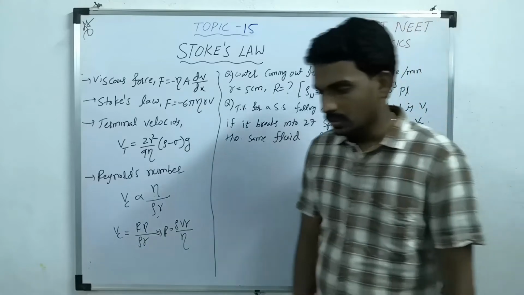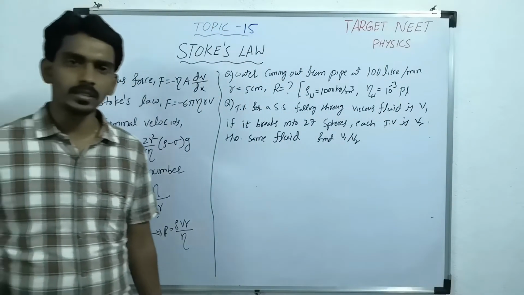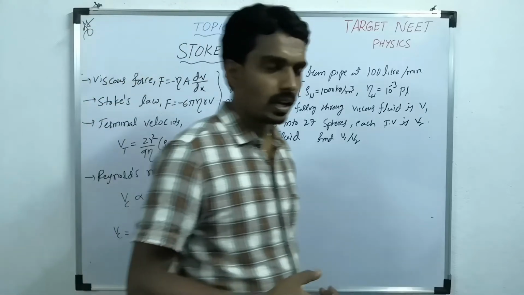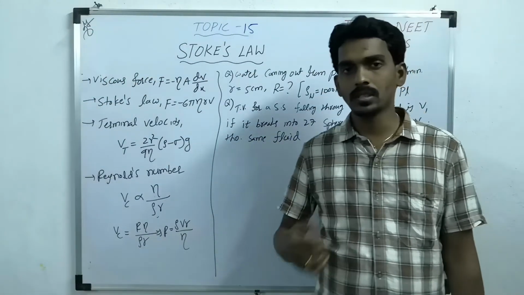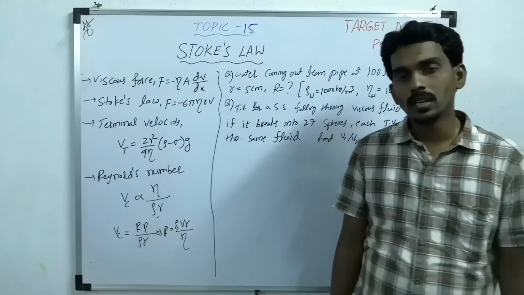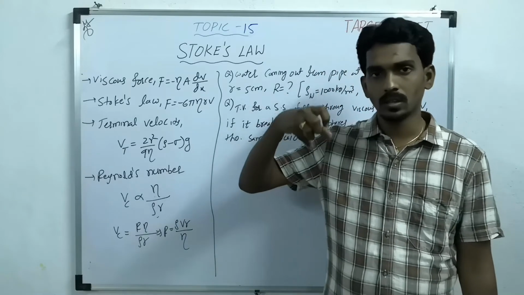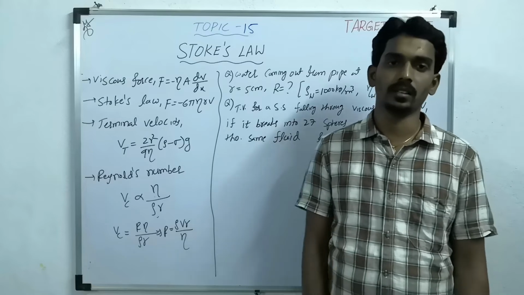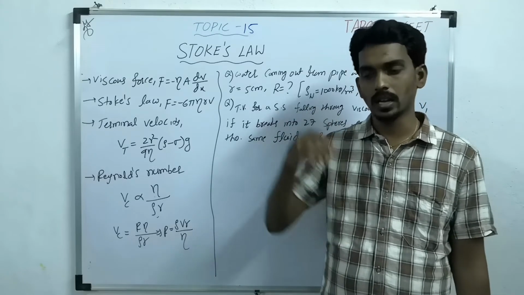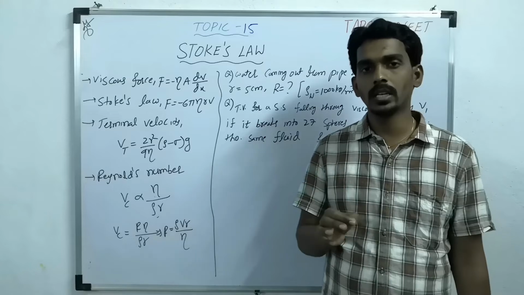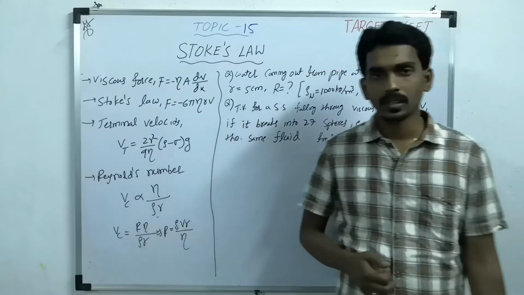After that, the second one is Stokes law. What is Stokes law? It tells about the viscous force that acts on a solid or spherical body which is moving through a liquid. So consider a spherical body having radius r, moving through a viscous liquid with a speed v.